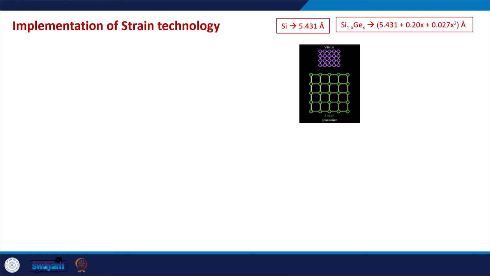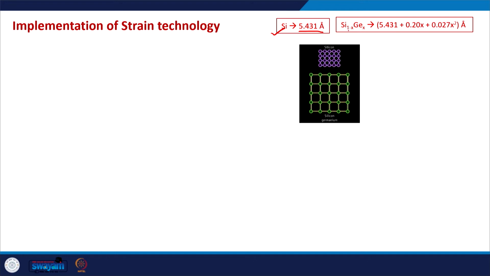Generally, as I already pointed out to you, in order to make a strained silicon channel, in order to make a MOSFET channel in which silicon lattice is strained in a specific direction, what we do is we grow silicon on the substrate of silicon germanium, and the lattice constant of the silicon is 5.43 angstroms.